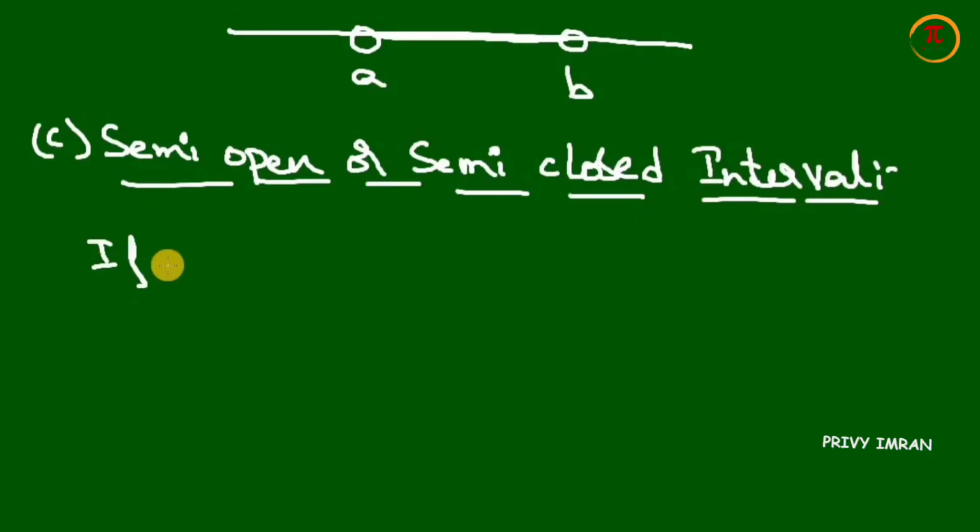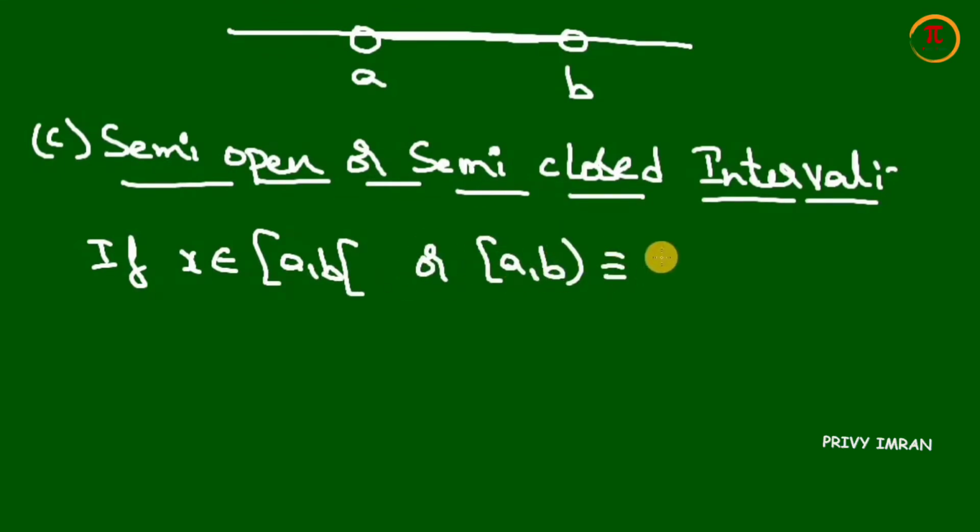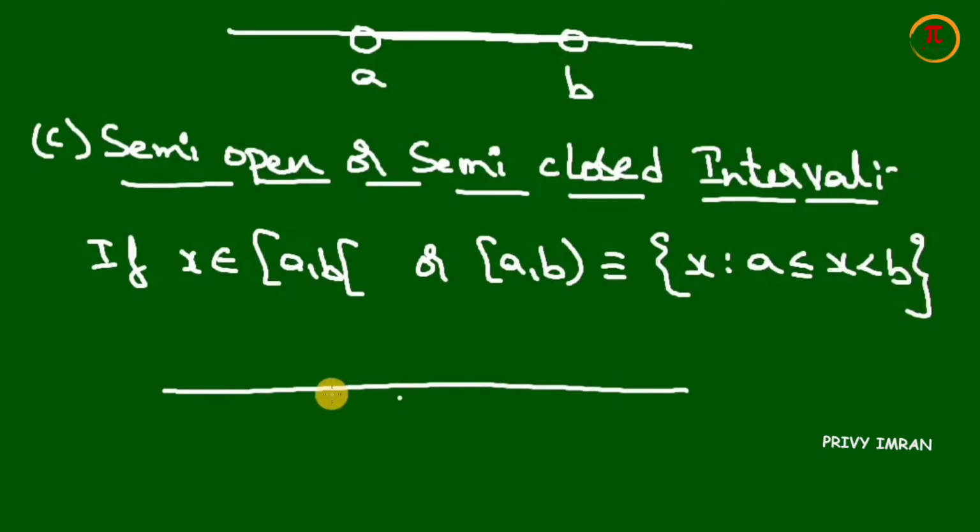If x belongs to [a, b), then x implies a is less than or equal to x and less than b. On the number line, x satisfies all the values in between a and b, including a and excluding b.